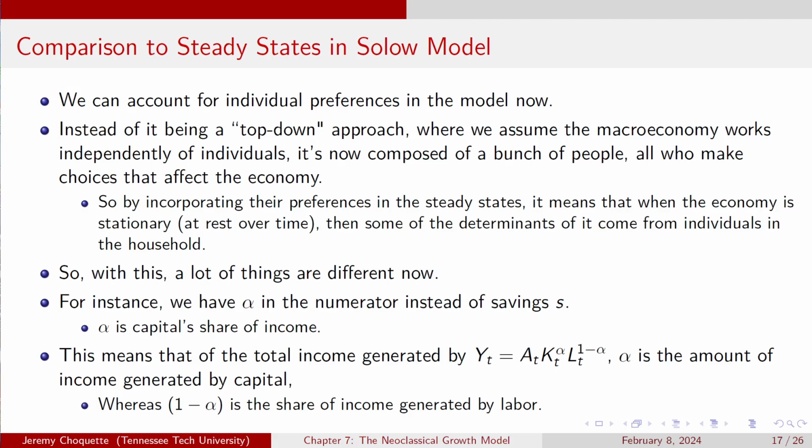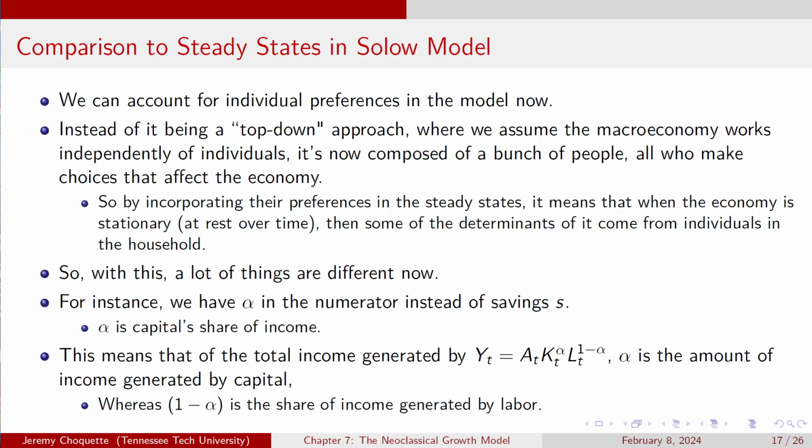So if we've got that at the micro level, the macro level is just bigger. So we're assuming with the neoclassical growth model that it's composed of a bunch of people who all make choices that affect the economy. So if we incorporate their preferences into steady states, it means when the economy is stationary, right, or when it's at rest over time, then at least some of the determinants of it come from the individuals in the household.